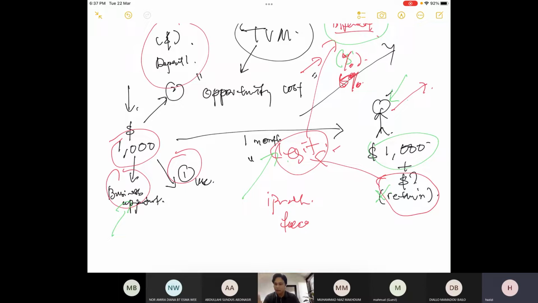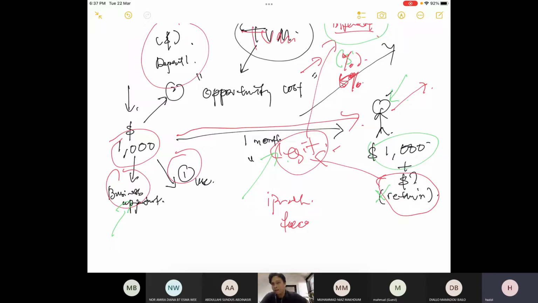Can you understand? Because of the delayed use of money, because I'm refraining from using the money that I have now, because I give it to somebody else so that he can use it for their business operation or their consumption. Hence, I need some return as well. So that's why I deserve that kind of return. This is the concept of time value of money.